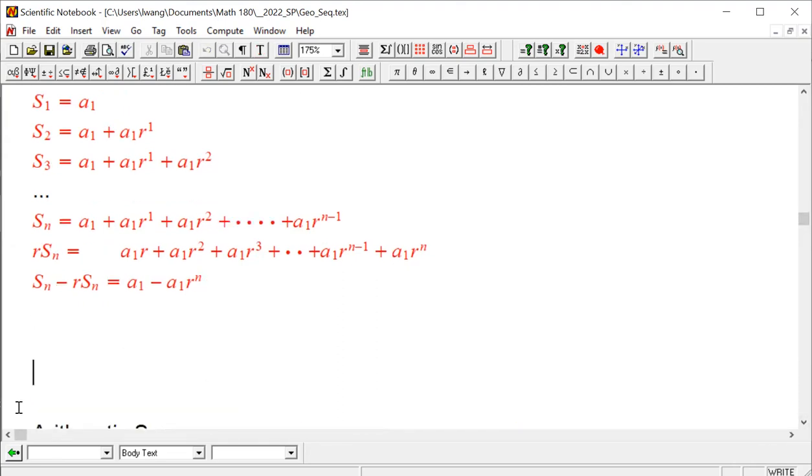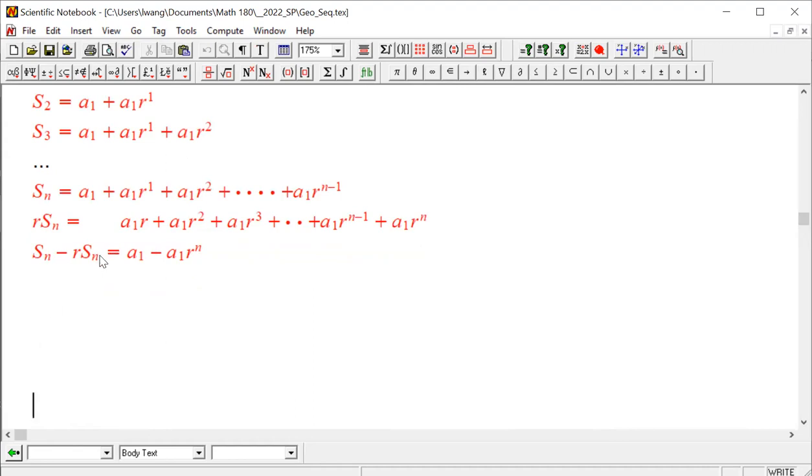Now we can isolate the S sub n. Factoring out S sub n, we get 1 minus r multiplied by S sub n. So 1 minus r times S sub n equals, on the right-hand side, we factor out A sub 1, so inside the parentheses we have 1 minus r raised to the power n.